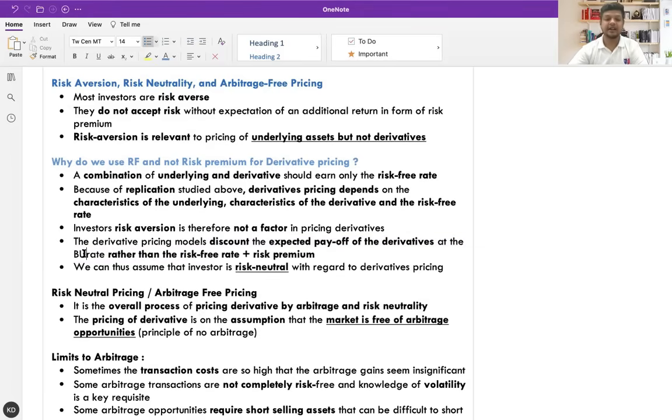At the risk-free rate. Is that clear, everyone? Rather than risk-free plus risk premium. We can thus assume that the investor is risk neutral with regard to derivative pricing. So all in all, a clear thing: when you're pricing equities, the underlying asset, you will use risk-free plus risk premium.